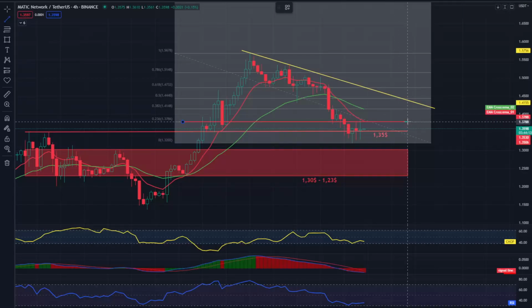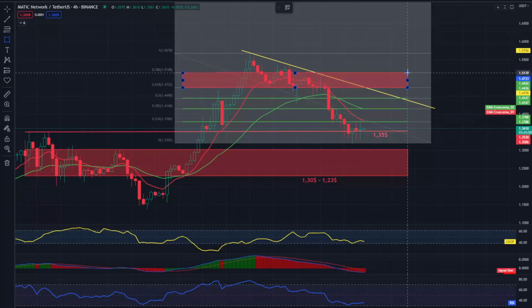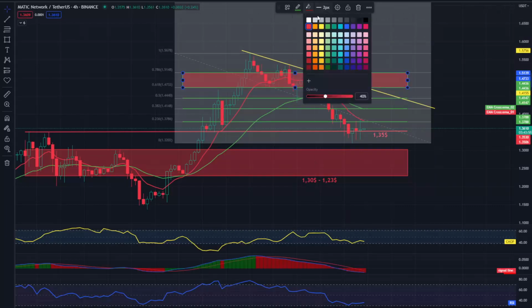Looking the other way, we see first resistance at $1.38, then second resistance at $1.42, next at $1.44, then a strong resistance zone from $1.47 to $1.51.